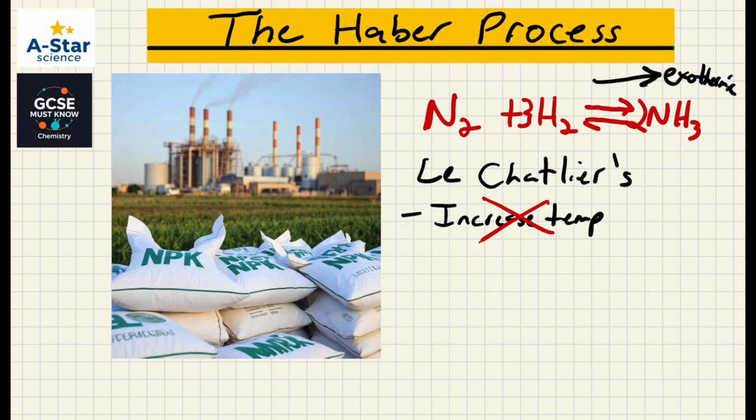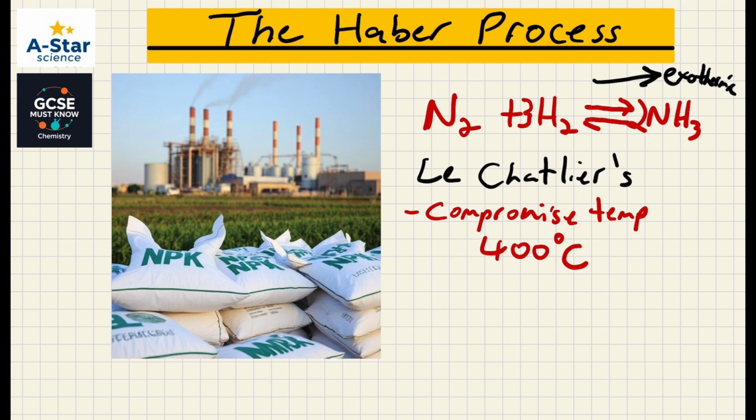So in this case, if we increase the temperature, that actually is going to reduce the yield of ammonia. So scientists do not want the temperature too low because that will slow down the rate of reaction. So they use a compromise temperature. That means it is high enough so that there is a decent rate of reaction, but it's not too high so that it drives it towards the endothermic side. And that temperature is around 400 degrees Celsius.